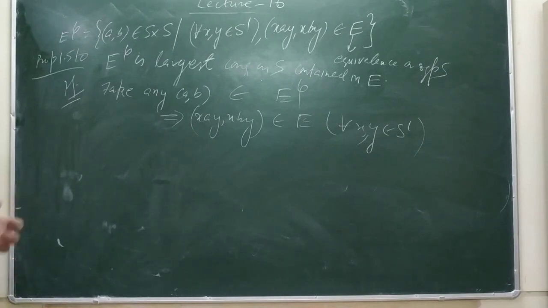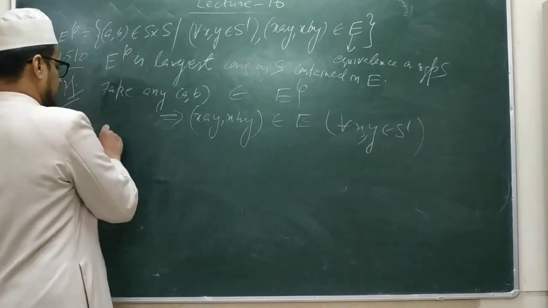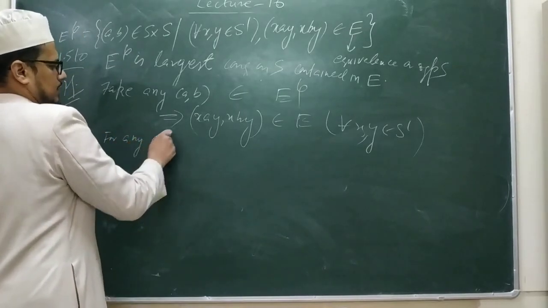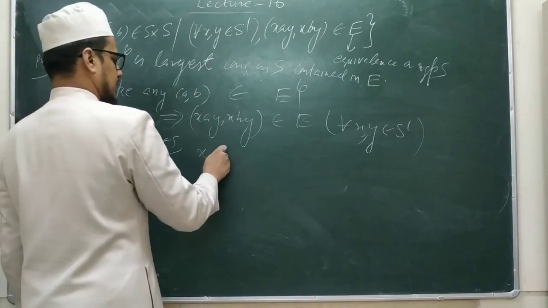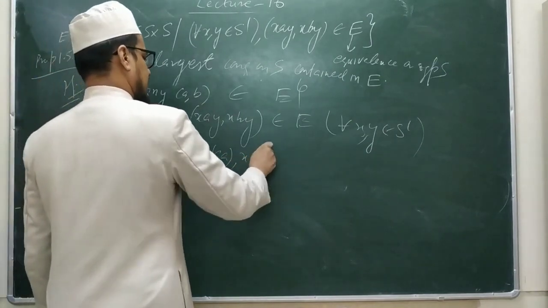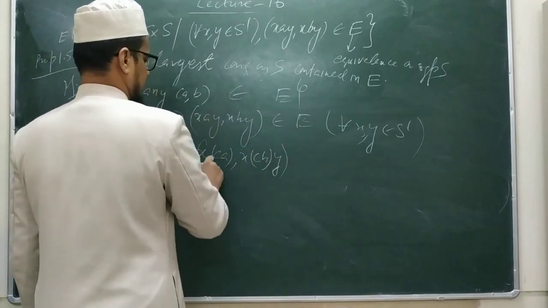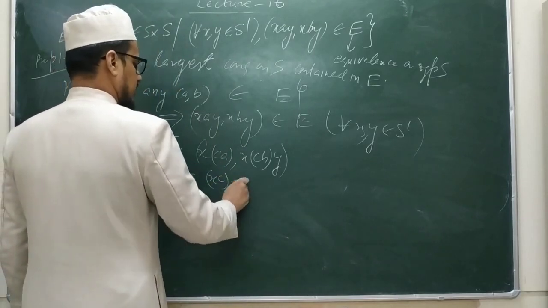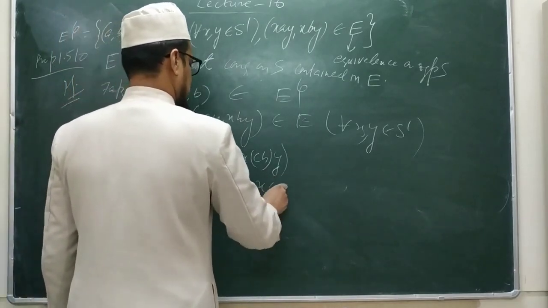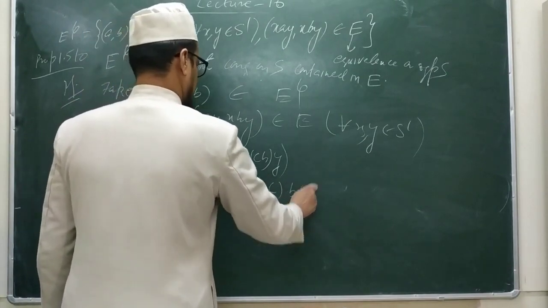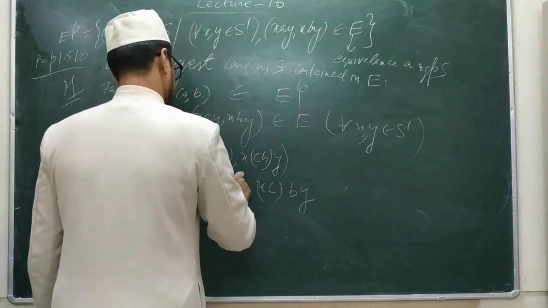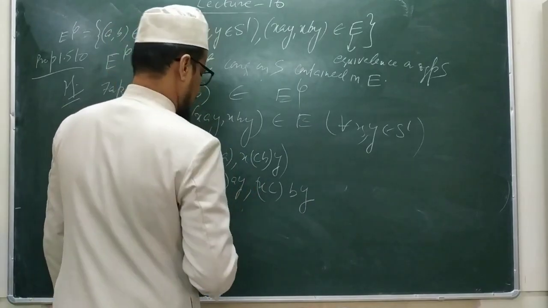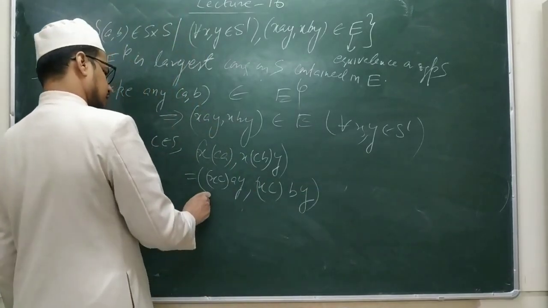Now in order to show CA comma CB, what we have to do? Now for any C belonging to S, if we calculate XCAY comma XCBY, if we calculate this, so it is what? It is equal to XC into A into Y comma XC into B into Y. Of course, it will go in where?